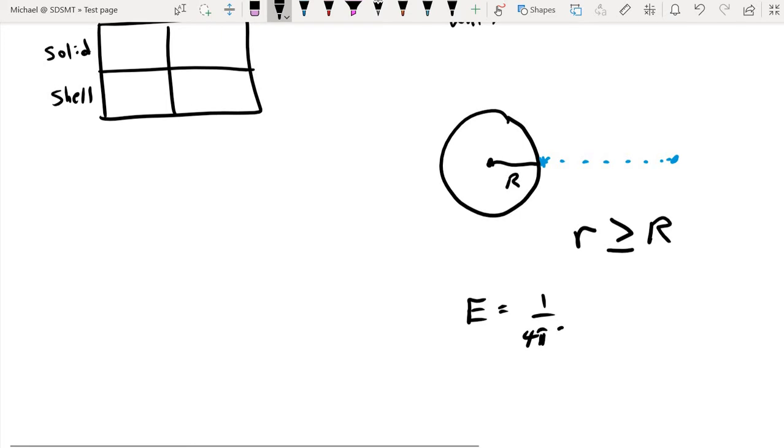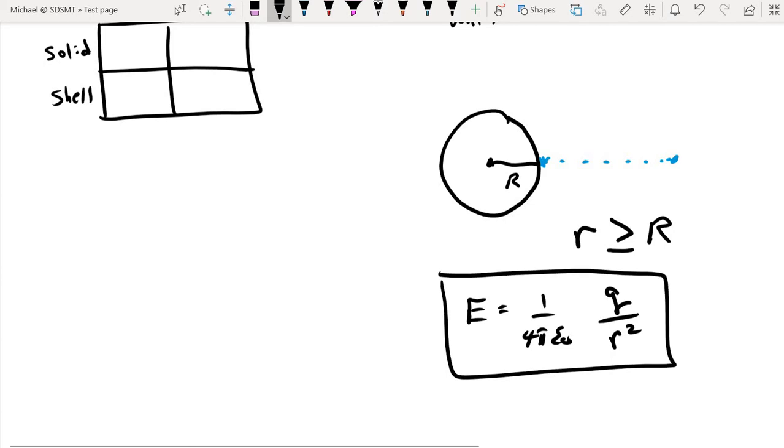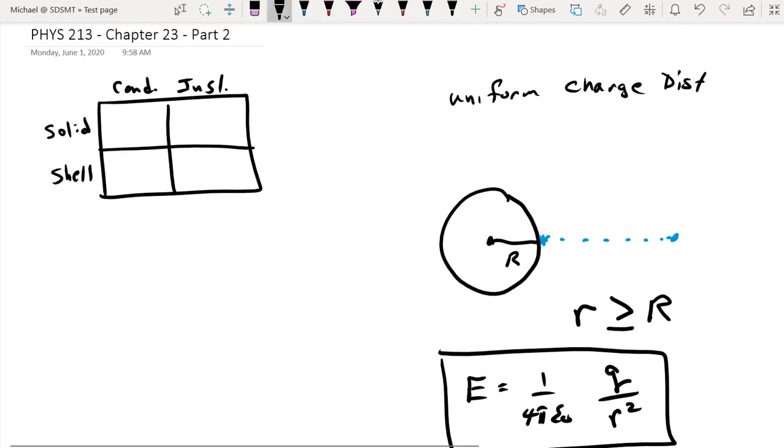And we could use the expression of Q over R squared to describe the electric field.